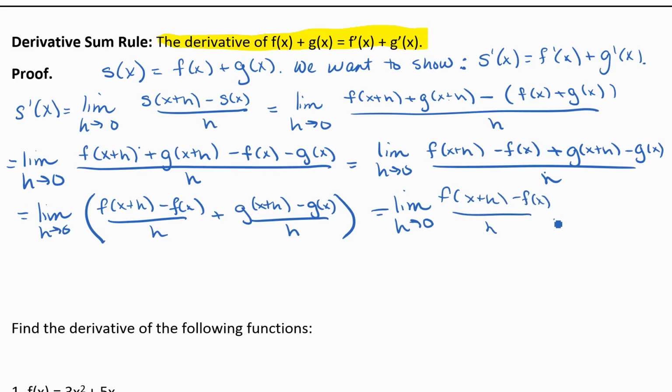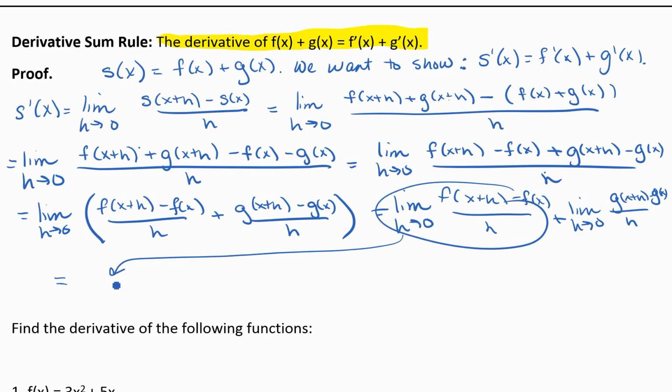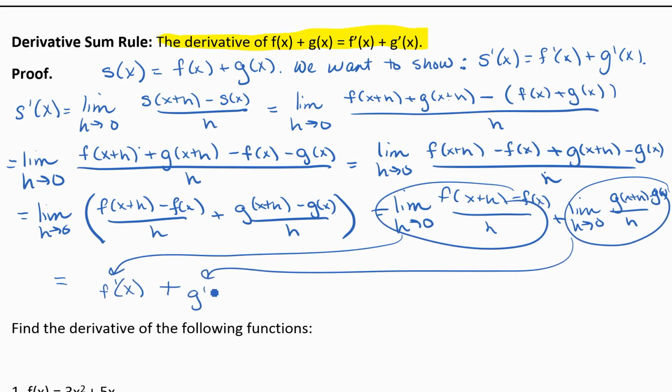This first one's the derivative of f plus the second limit is now the derivative of g. So we can now say that this first piece is equal to f prime of x plus the second piece is equal to g prime of x. So we have shown that s prime of x is equal to f prime of x plus g prime of x.